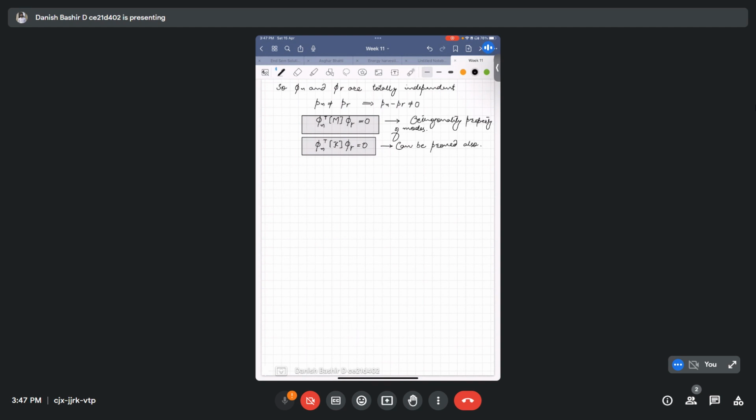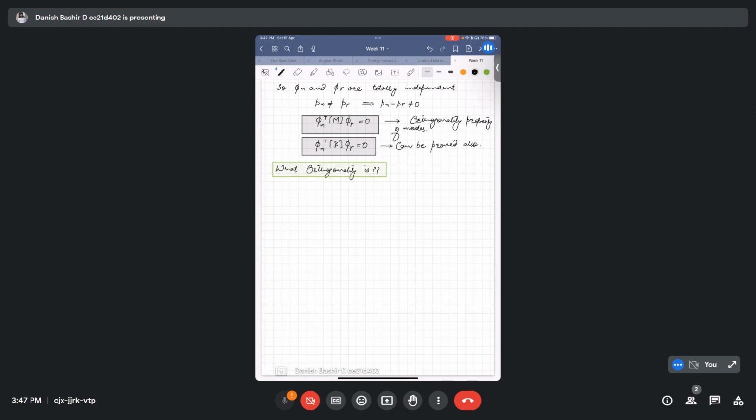We will learn about that. If somebody asks what you understand by this orthogonality, you should be able to answer. So we will be studying that one.